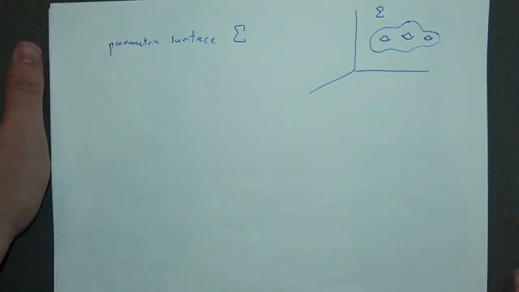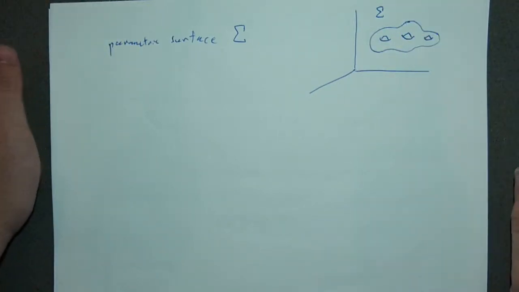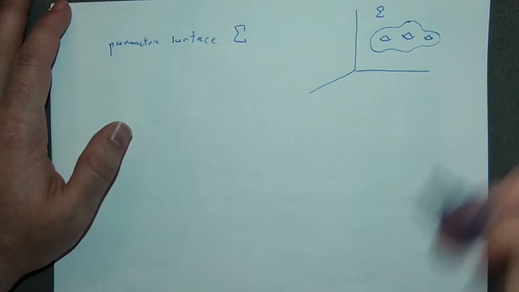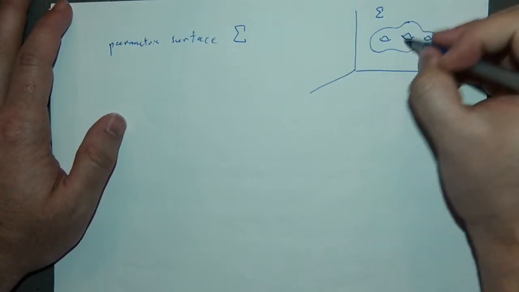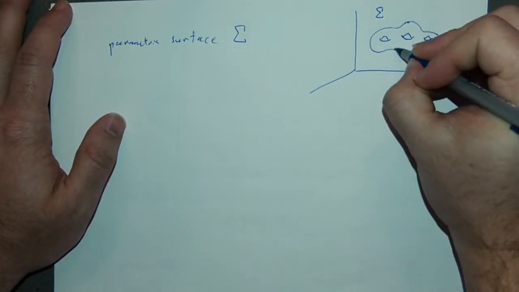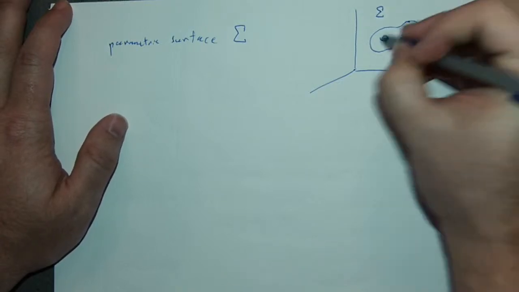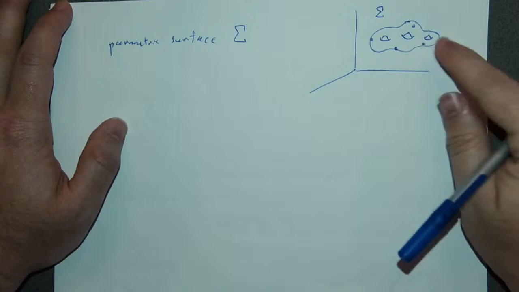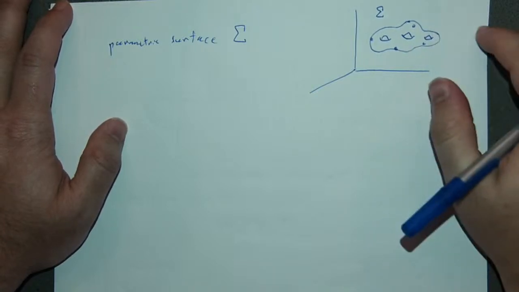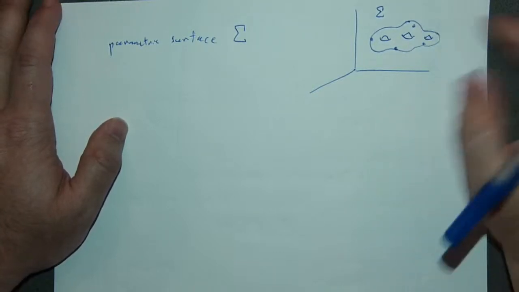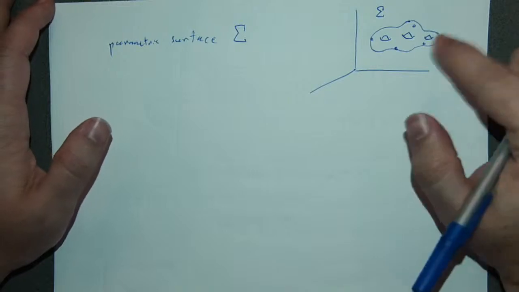How do I describe a point on sigma? Well, a point on sigma, we know, is some point xyz in space, right? So here's another point, here's another point, here's another point. Anything is going to have three components because it sits in space, so there's three components to list here. What's the best way to describe them?